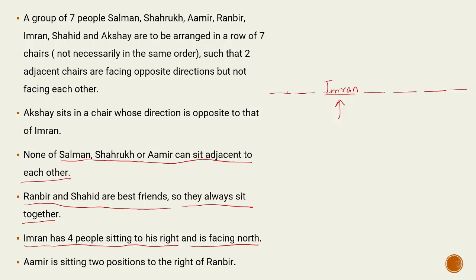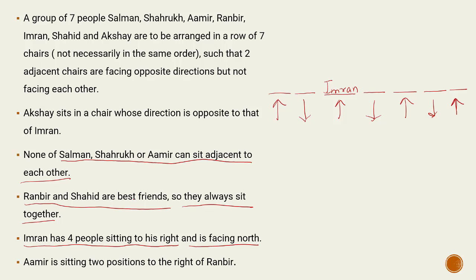Since 2 people on adjacent chairs are facing opposite directions, if Imran is looking towards north, his neighbor should look towards south. In another way we can say people on alternate chairs are facing north and south.